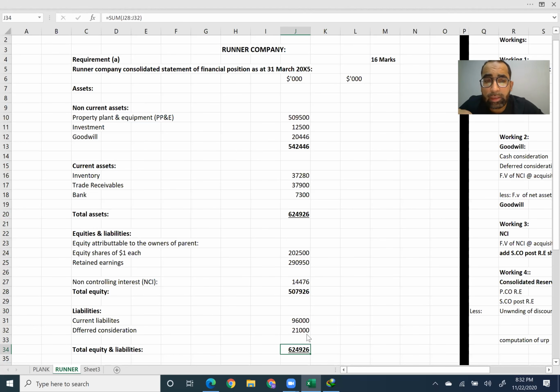No. Listen, parent company buys S company from S company's controlling shareholders, and they are individuals outside the group. So this liability is a real liability of the group. This 21,000 is not to be cancelled, because the parent company has to pay individuals outside the group, the shareholders.